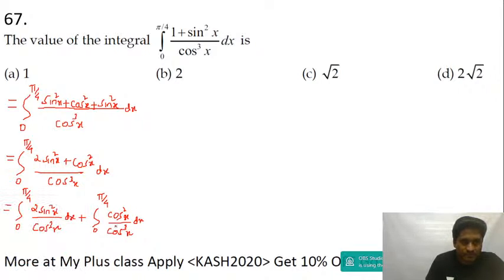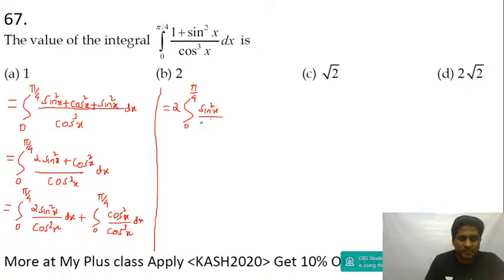Now this will be equal to 2 times integral 0 to pi by 4 of sin square x divided by cos cube x, which can be written as sin square x upon cos square x into cos x, and then dx, plus integration of 0 to pi by 4 of 1 upon cos x.